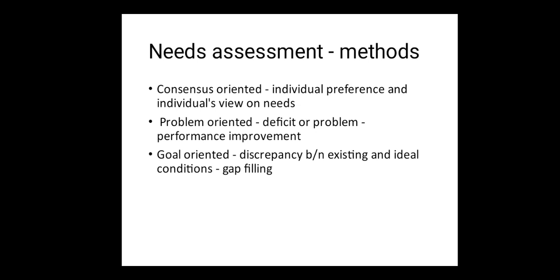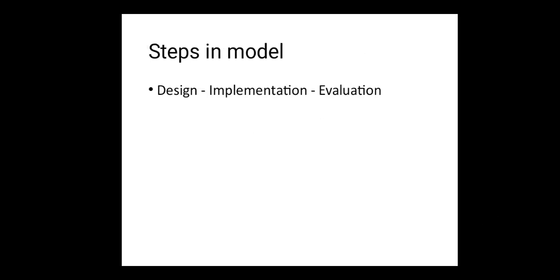So this method is based on that definition, the difference between the existing or real or actual condition and the ideal or optimum condition. So what are the differences? What gaps are there? Identification or filling of that gap is the function of the third category of need assessment methods. So there are three categories of methods: consensus oriented, problem oriented, and goal oriented.